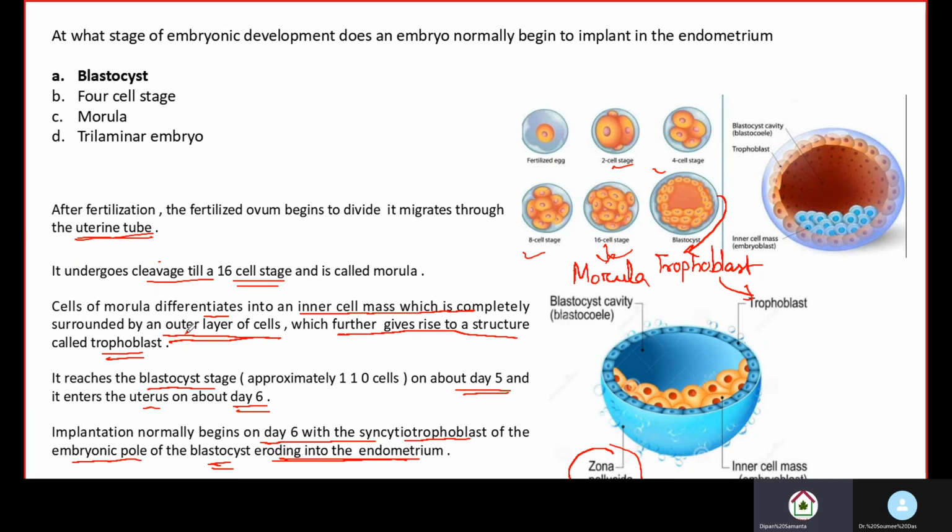The blastocyst forms on about day 5 and enters the uterus on day 6.